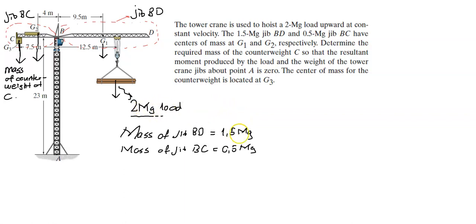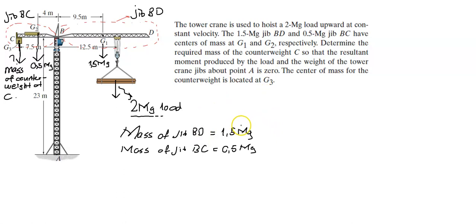So we have 2 megagram, 1.5 megagram, 0.5 megagram weights acting downwards. So 2 here, 1.5 megagram here, and 0.5 megagram here. So what's that?